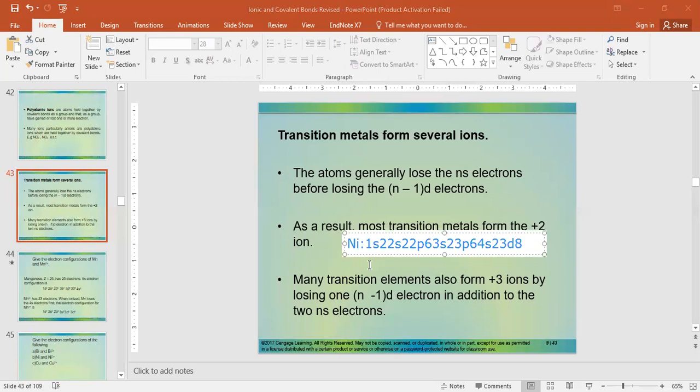That is nickel. When you write the Lewis structure, the nickel itself is going to have that kind of configuration. Can you see that? Then the other 10 electrons are going to be surrounding it, another 10 electrons.